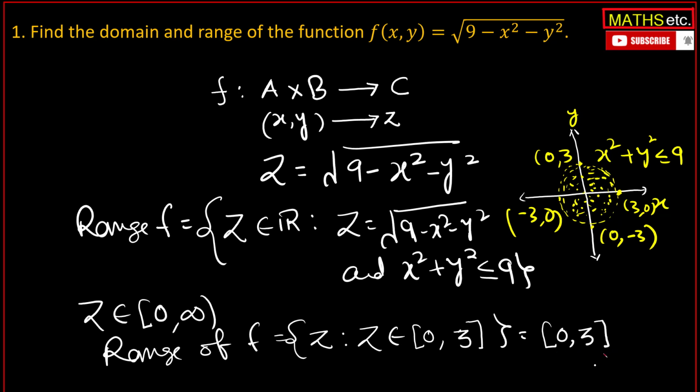And we can visualize the range. Suppose this number line represents z, and this one is the origin here. So the range value will be from 0 to 3, this closed interval 0 to 3. Thank you.